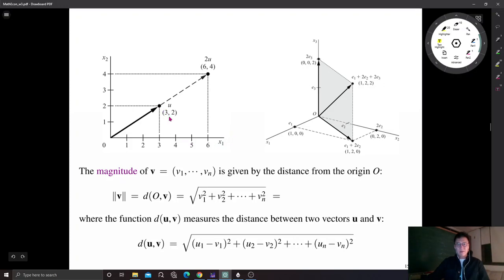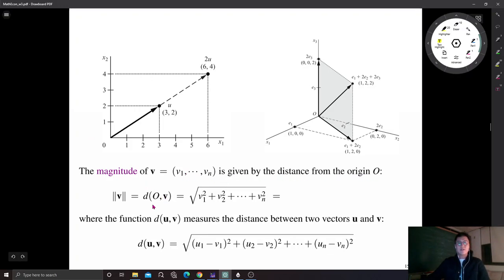One vector, (3, 2) for example, indicates one point. If we draw a ray from the origin, the length of this ray characterizes the magnitude of a vector. So the magnitude of a vector is given by the distance from the origin.